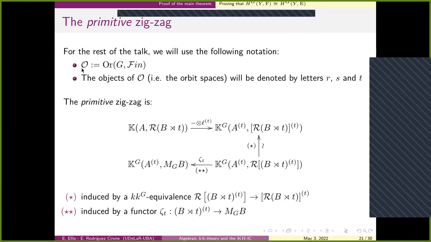To ease notation, we will write O for the category OR-G-fin, and the objects of O, that is the orbit spaces corresponding to finite subgroups, will be denoted by letters R, S, and T. So the primitive zigzag with this notation looks like this. Here we have the KKG equivalence, and here we have the morphism zeta. Let us concentrate our attention on zeta T.